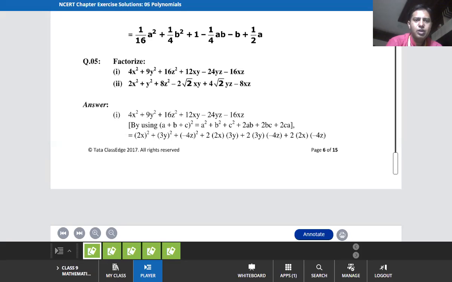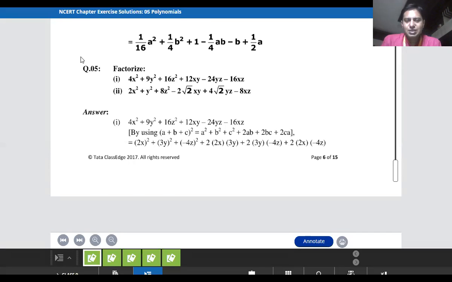Here we need to check the second, third and fourth terms, that is, 2bc and 2ca are negative. The common part is z only, so the z will be negative here.